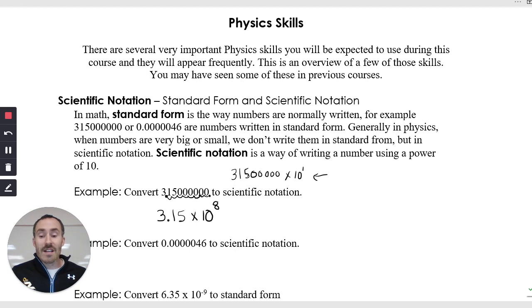If you are moving the decimal place the other direction, like this one, 1, 2, 3, 4, 5, 6. So this is a really small number. I am borrowing 6 tens in order to make this number 4.6. Okay, so instead of writing 0.00000 however many zeros for 6, I want to just write 4.6, and then I want to tell you how many tens I borrowed.